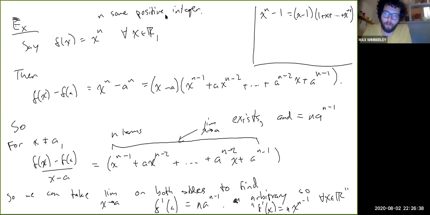I want you to get in the habit of thinking about differentiation as something that happens in a point by point kind of way. You can take the derivative at one point, you can take the derivative at another point.